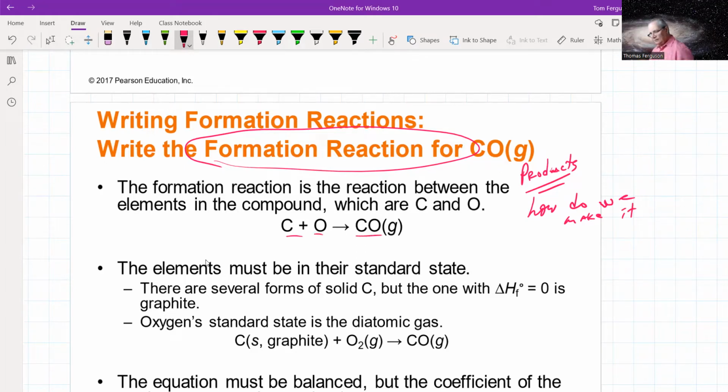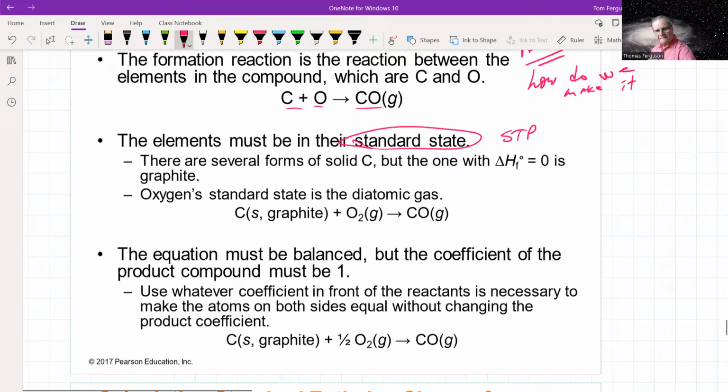To make carbon monoxide, we have one carbon, one oxygen to make one molecule of carbon monoxide. Or 1 mole of carbon plus 1 mole of oxygen gives us 1 mole of carbon monoxide gas. Against standard states, that's STP, which is 1 atmosphere, room temperature, 298 degrees Kelvin.